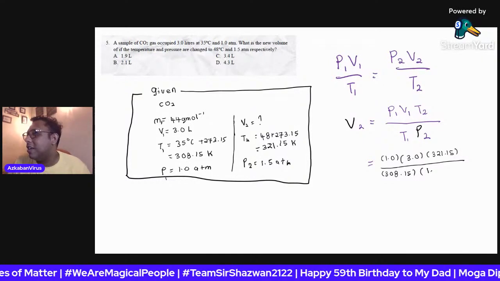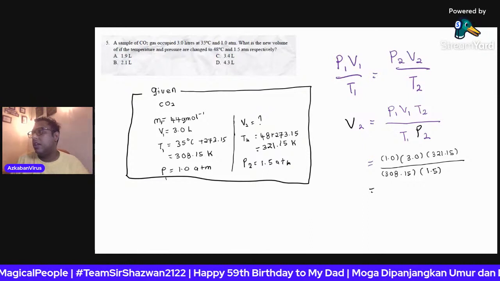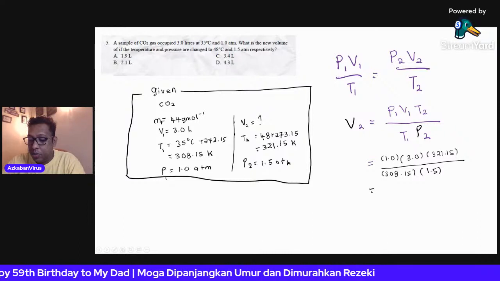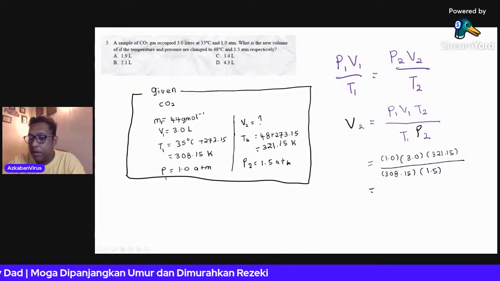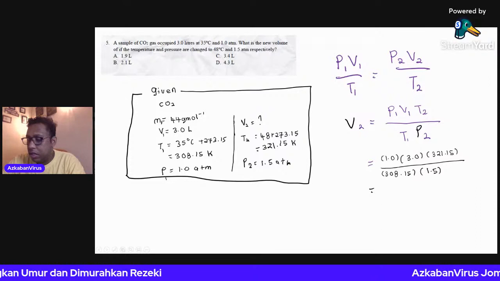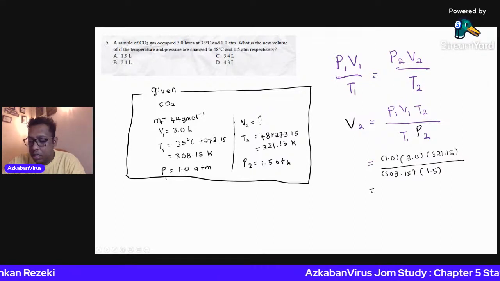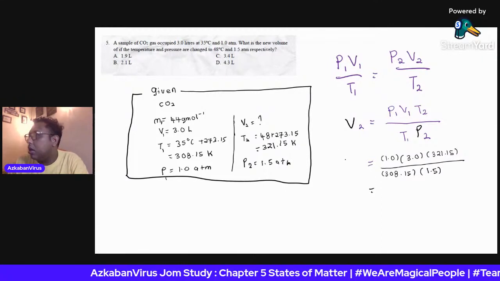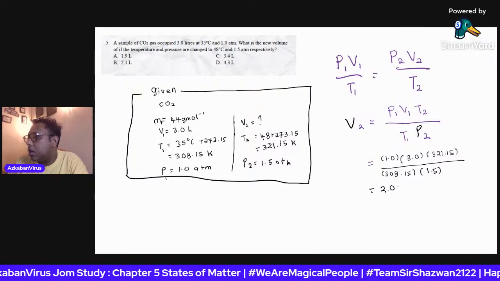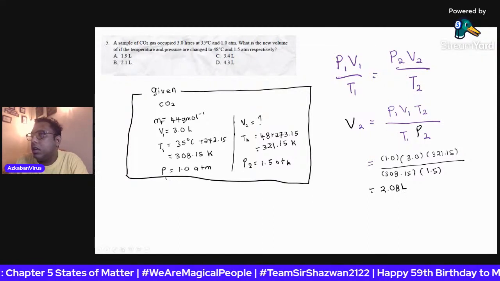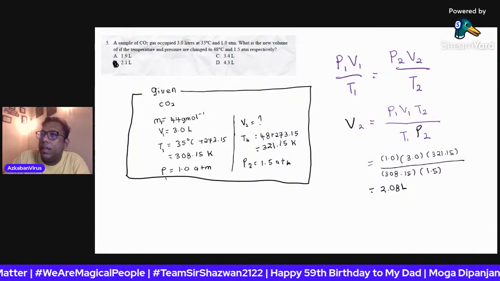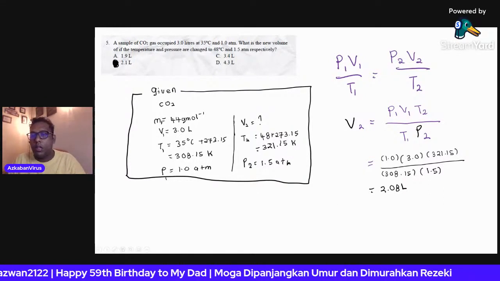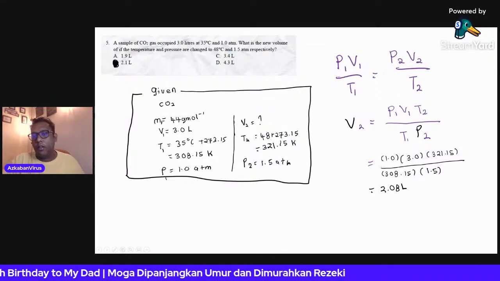Thank you. Tiga darab, ini sama dengan dia akan dapat, which is 2.1. Okay, right.